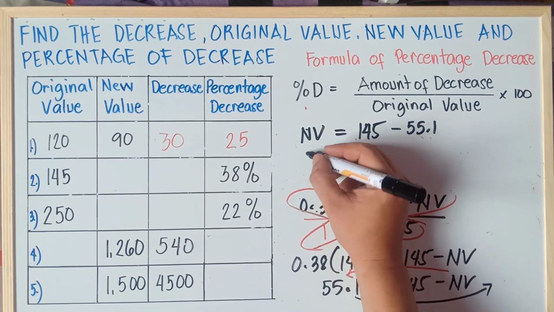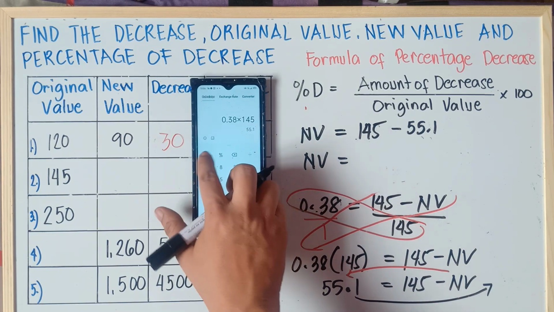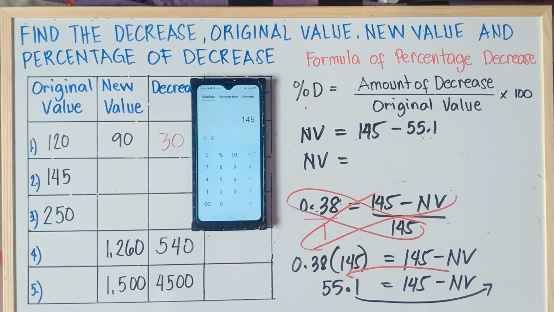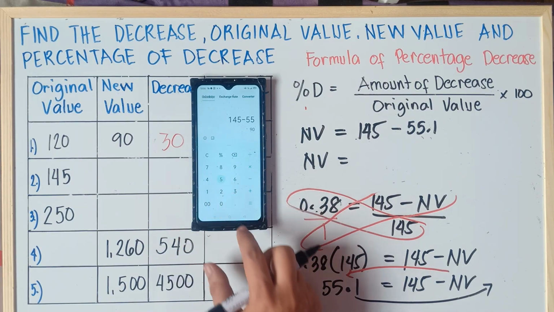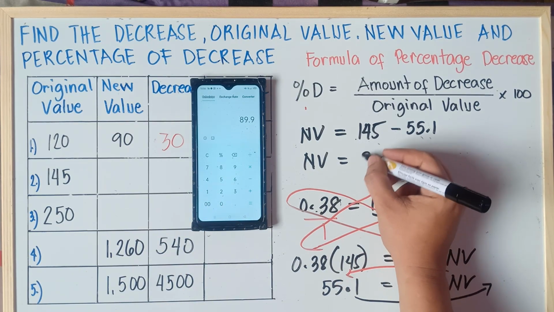Alright, and then the new value equals 145 minus 55.1, and you're all set, class. So 145 minus 55.1, and this will be 89.9.